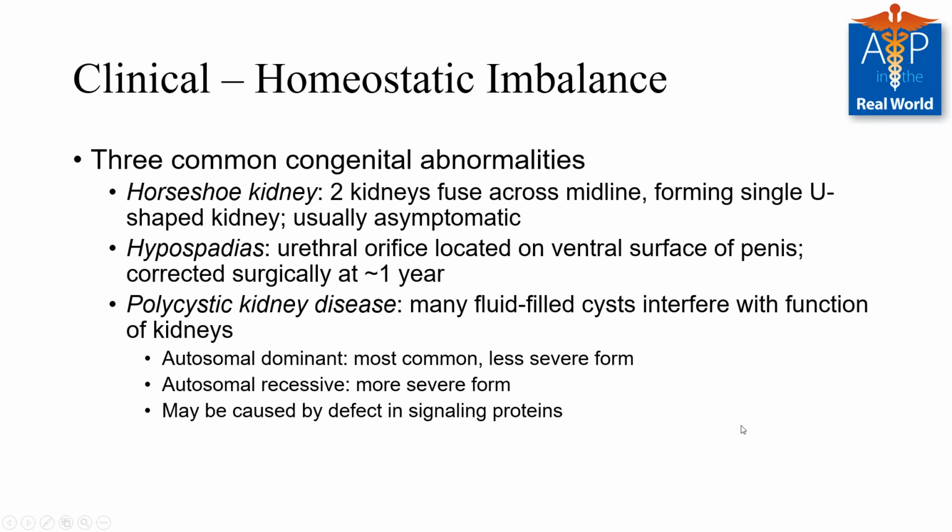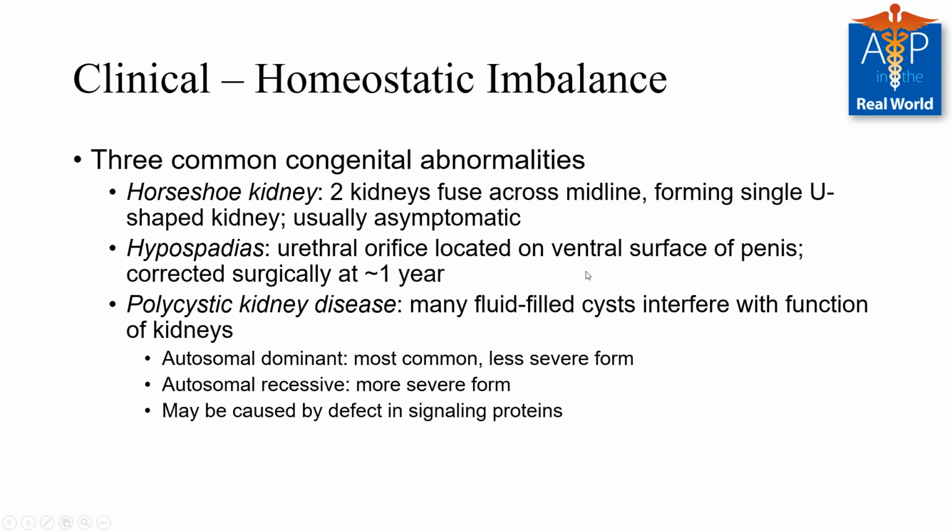So as far as congenital abnormalities, there are 3 that we're going to talk about. Horseshoe kidneys, where the 2 kidneys are fused across the midline, forming a U-shaped kidney. This is usually an asymptomatic disorder, so there are no problems associated with it. Or you can have hypospadias, where the urethral orifice is located on the ventral surface of the penis, and you have to surgically correct that.